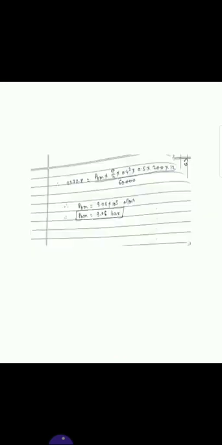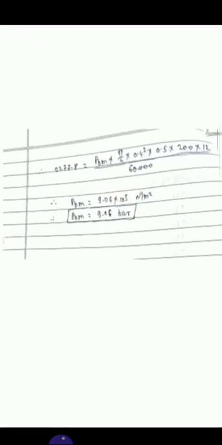We just have to put those values and you will get the brake mean effective pressure. After solving this equation, we will get the final value, that is brake mean effective pressure. So in this way we can find out all the unknowns by using the Morse test. Okay, now we'll see the next problem.